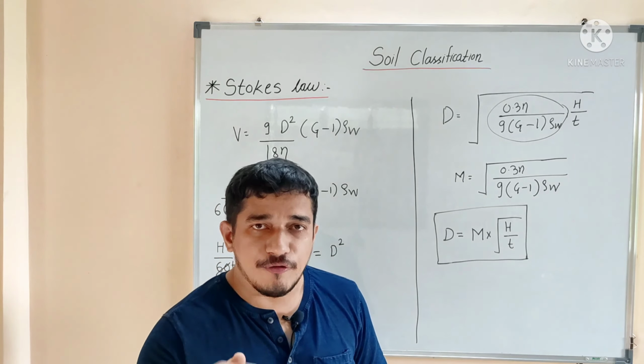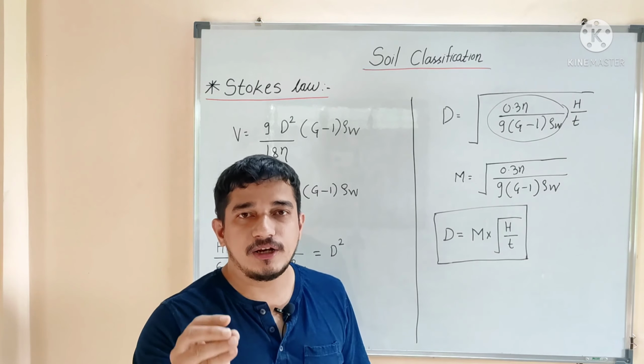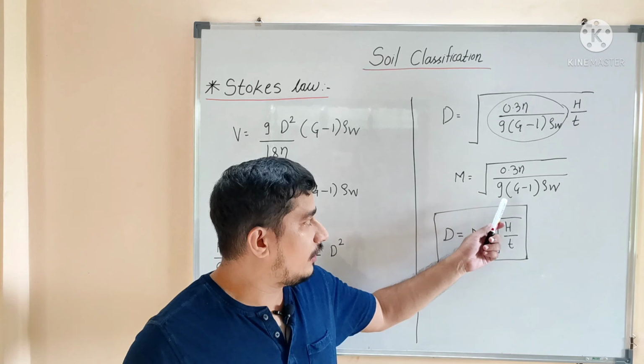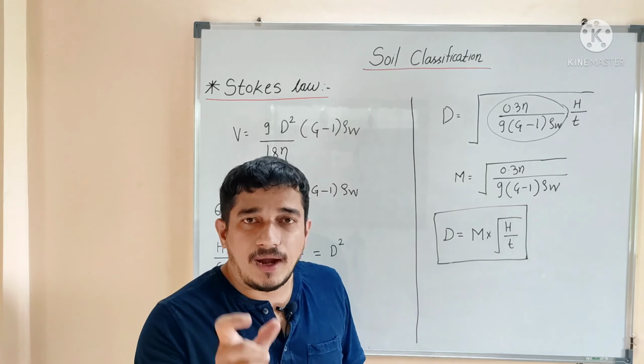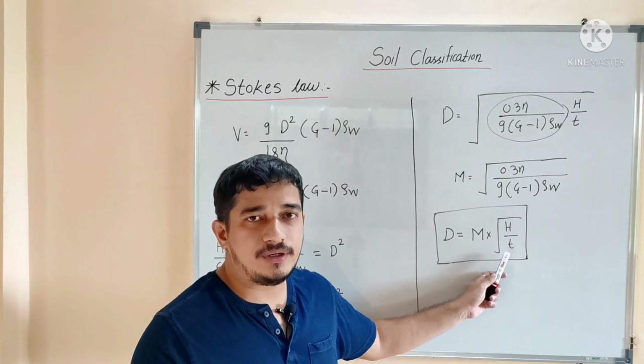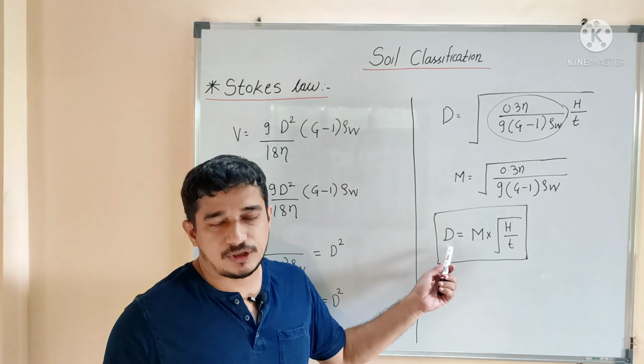Now, if we know the viscosity of water, the specific gravity of a solid particle which is settling in the water, acceleration due to gravity, the density of water, and the height for which the particle is settling and the time required for it, then we can easily find out the diameter of that particle.